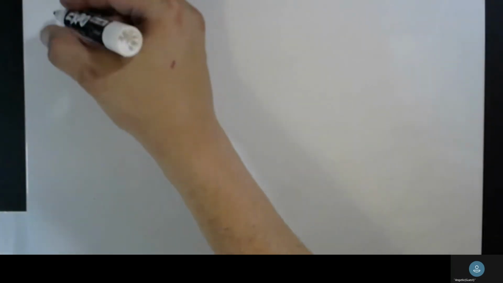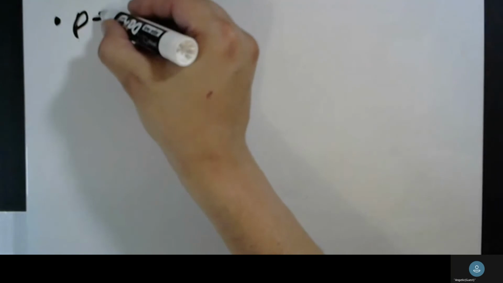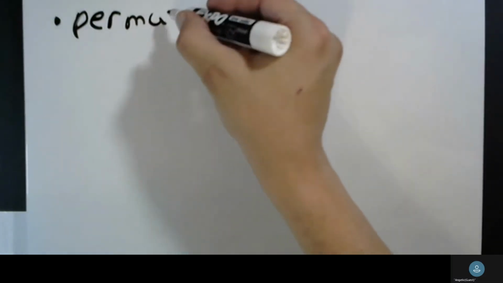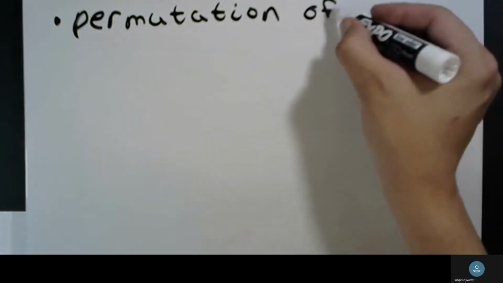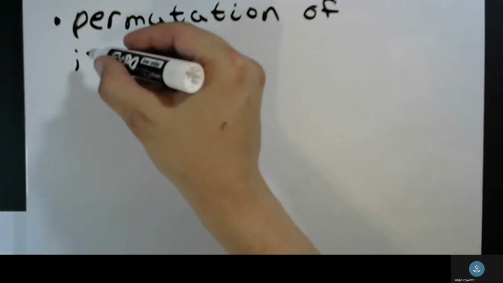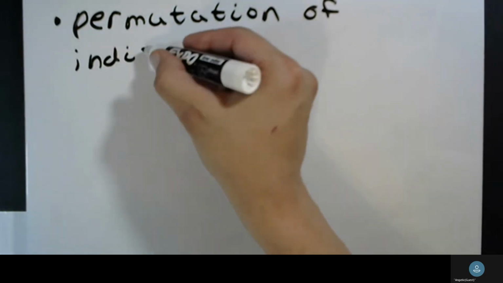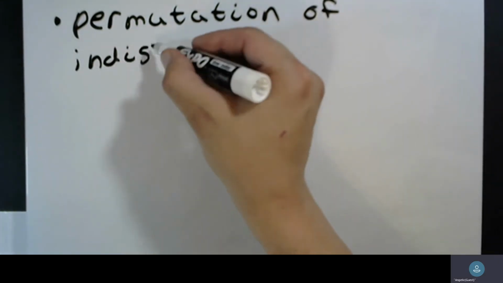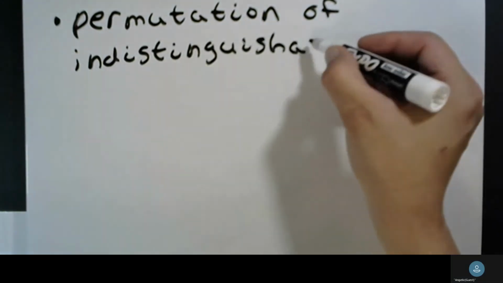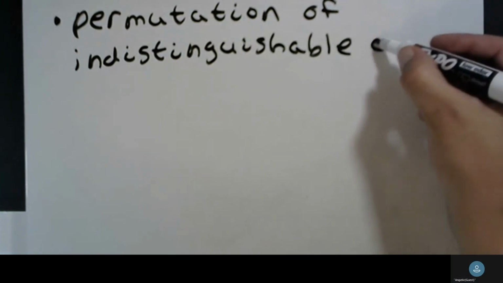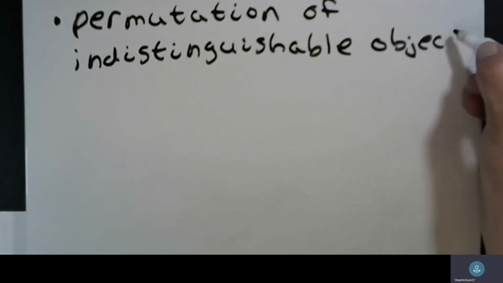Now, there's another version of this. It's the permutation of indistinguishable objects.